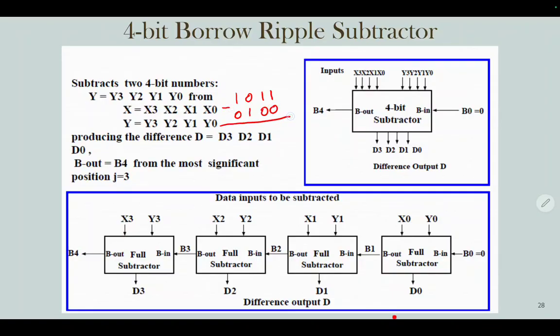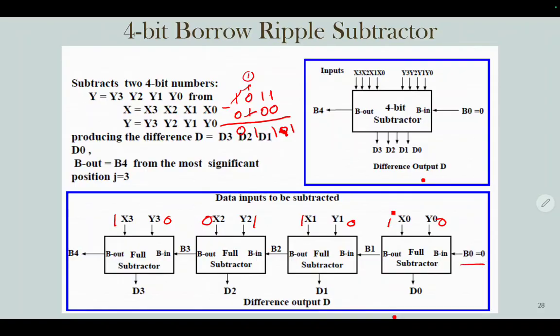You perform 1 minus 0 equals 1, 1 minus 0 equals 1, 0 minus 1 you have to borrow, so you get 1 1 here, and 1 minus 1 is 0. Now put this in the ripple subtractor, starting with borrow 0 here.